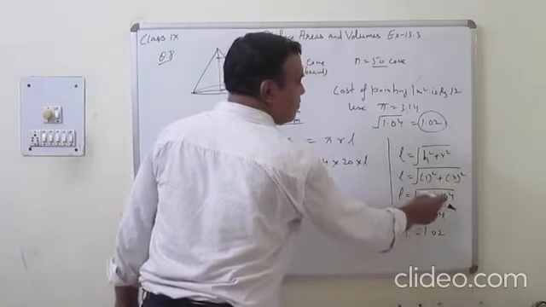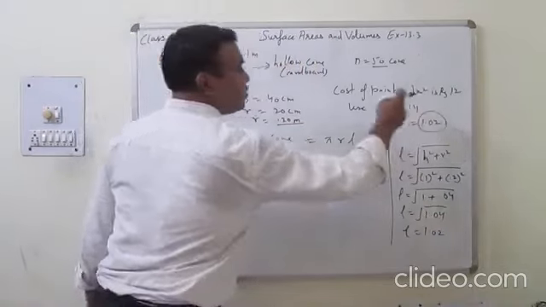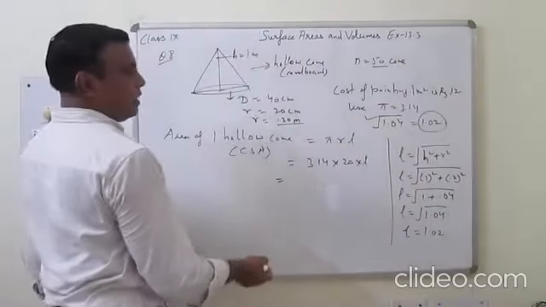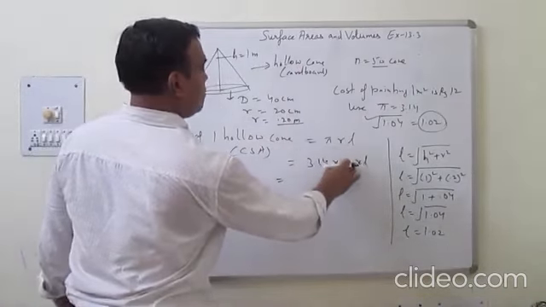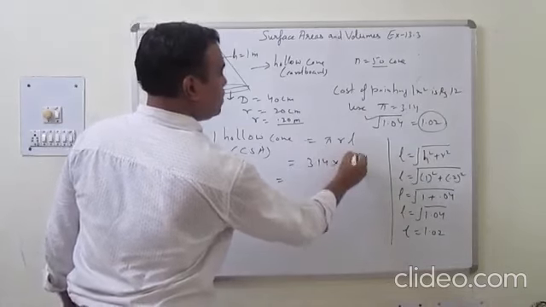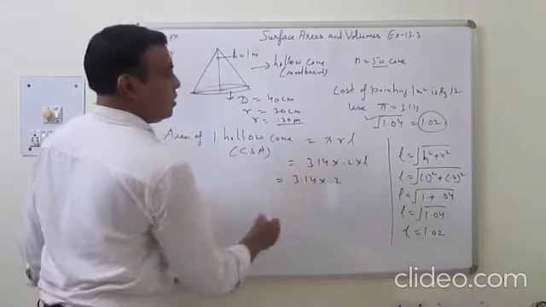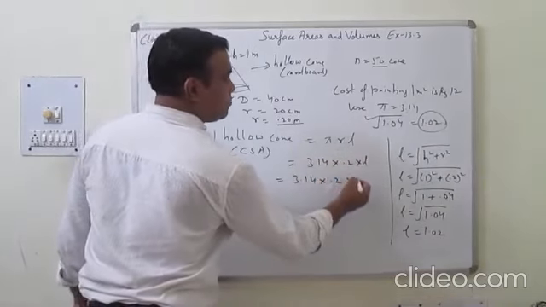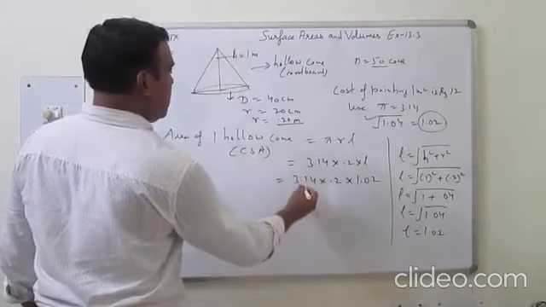So when you add 1 plus 0.04, it is 1.04. You will get 1.02. It is given to you. Now we will put it here r. Here it is 0.2. So it is 3.14 into 0.2 into l is 1.02. Now this is the area of one cone.